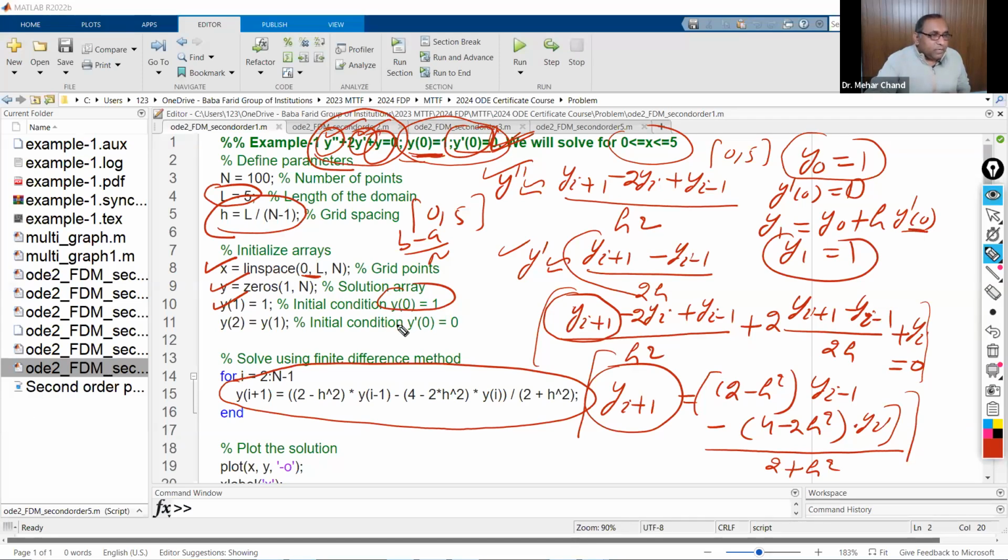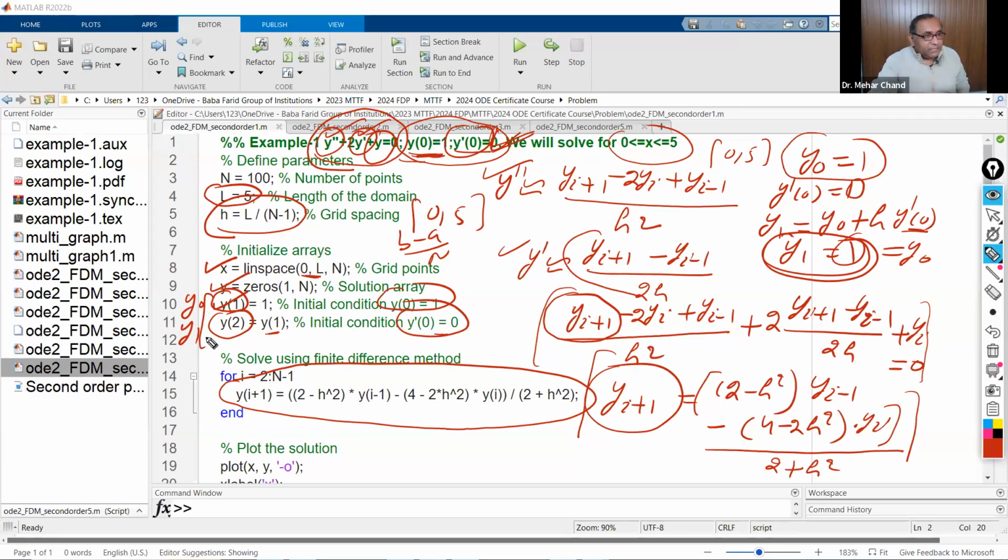Corresponding to the second boundary condition, y'0, after using this condition you can see that the value of y1 is equal to 1, which is again equal to y0. So when you use indexing, y(1) means y0 and y(2) means y1, and y1 is equal to y0. So these conditions are applied at this place.